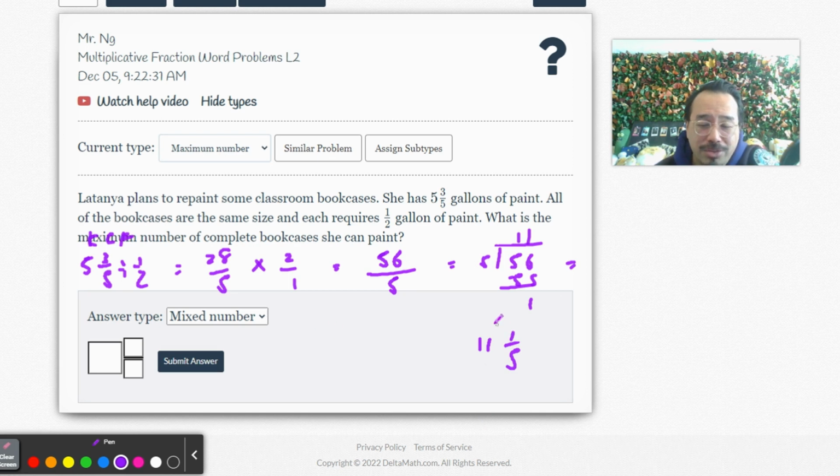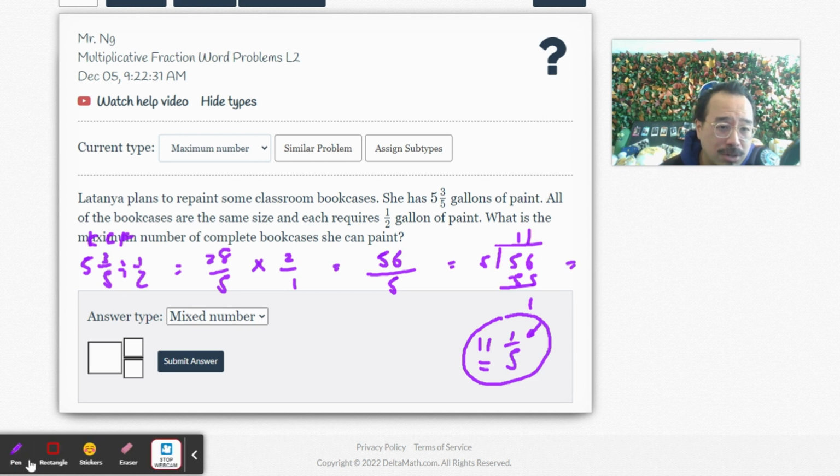Now, nothing wrong with this as an answer, but the problem is you can paint 11 bookcases, but you're not gonna paint 1/5 of a bookcase. At least I wouldn't. So the question is, what's the maximum number of bookcases? You gotta read the question carefully, because here it's saying what's the max.